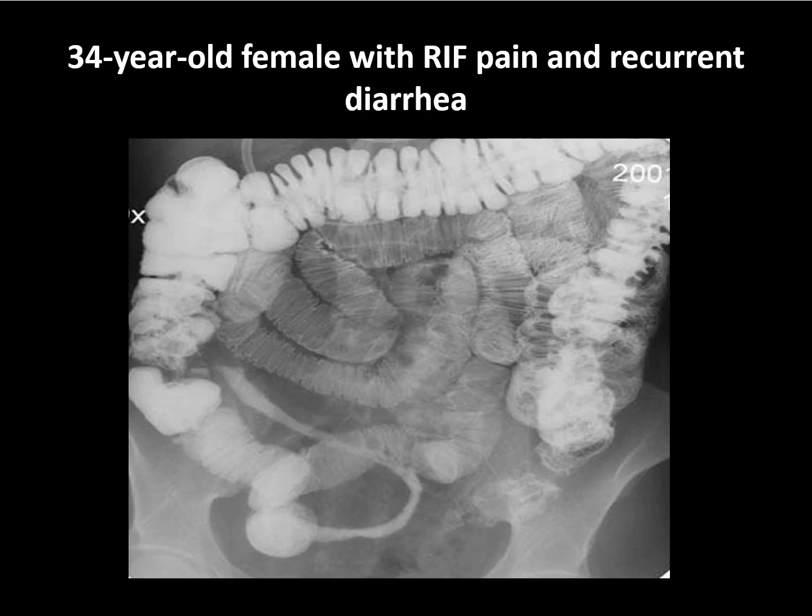This is what the string sign of Kantor looks like. This is a patient who has been given barium to swallow. The barium has gotten into the small bowel. These are loops of small bowel there, and then it comes down just before it gets into the cecum to then enter the ascending colon, transverse colon, and descending colon.